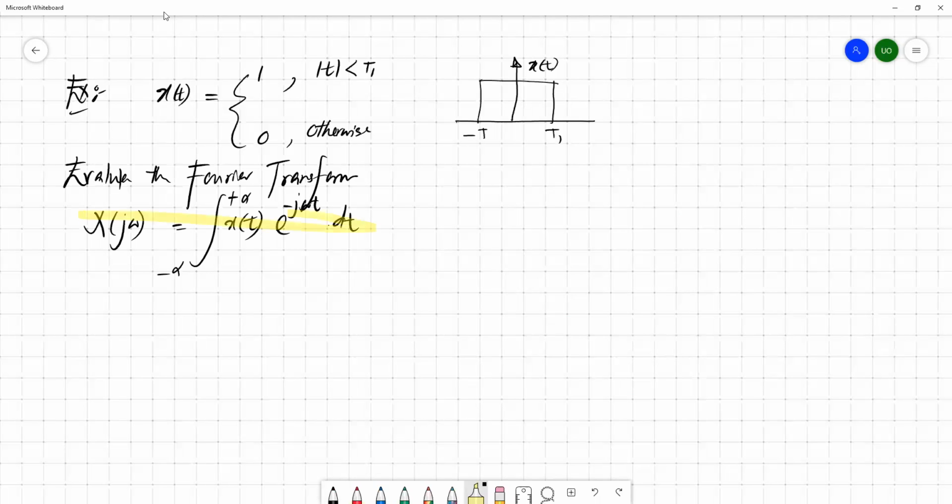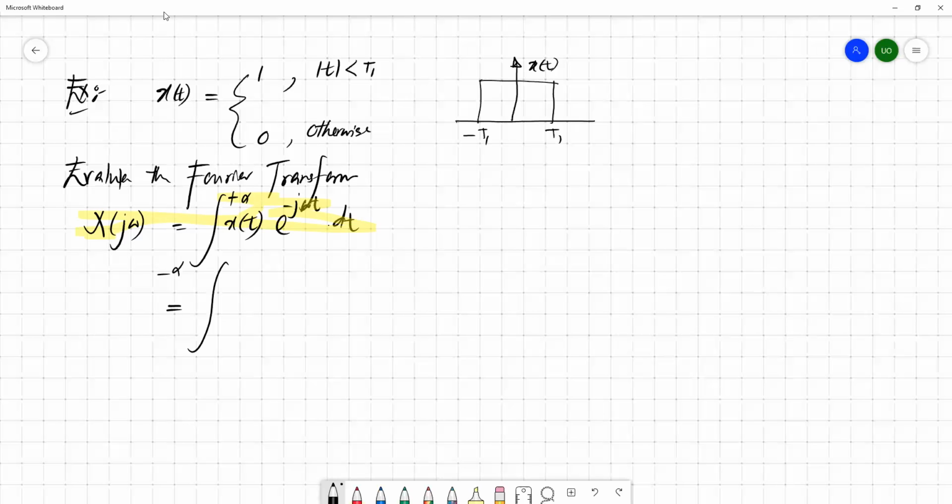You can get it from anywhere else. So we'll try to get the Fourier transform. Once you integrate x(t) from minus infinity to plus infinity, we know that this function is only defined between minus T1 and plus T1.